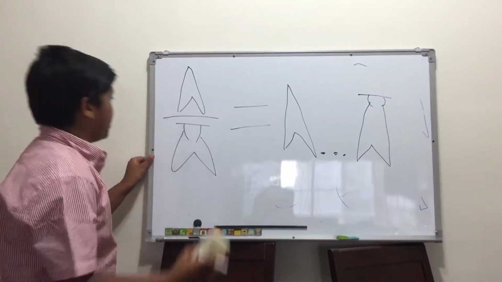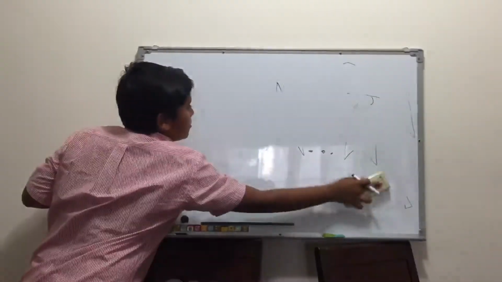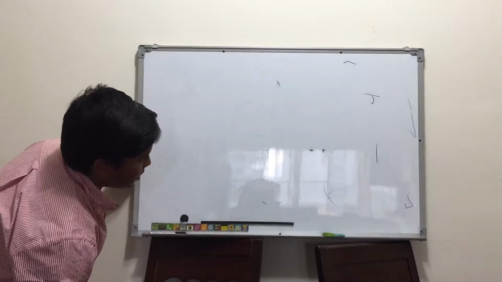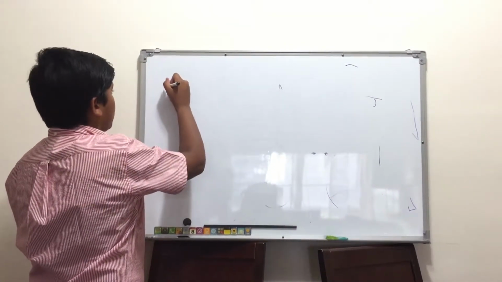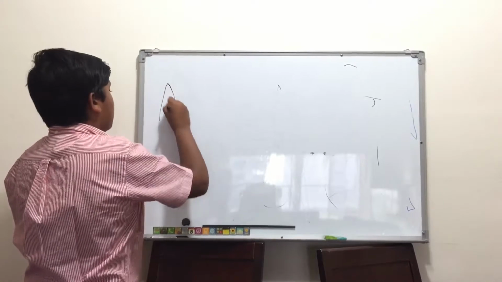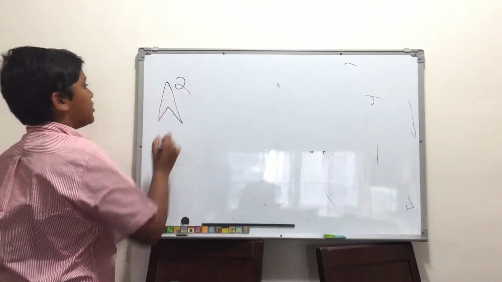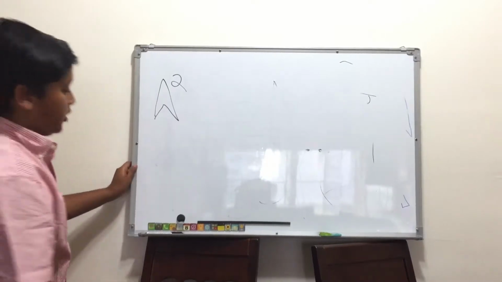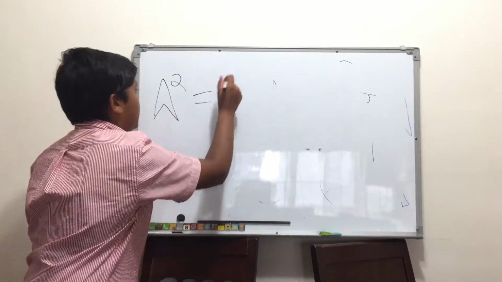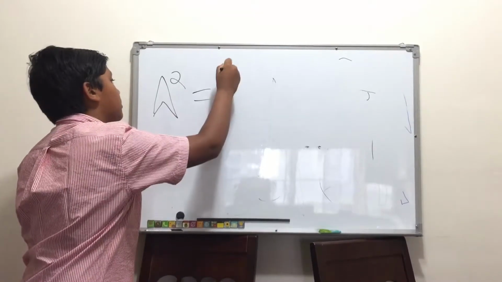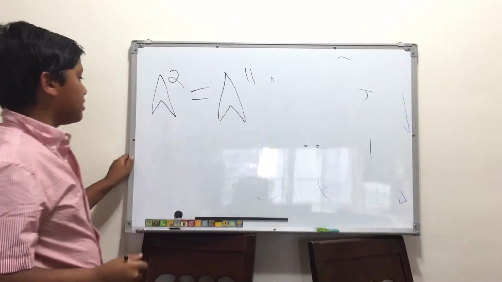And then the indices would be like this. So if it's 1 to the power, so if it's 2, then it would equal 2 lines.